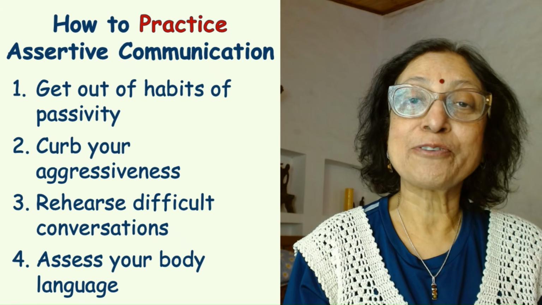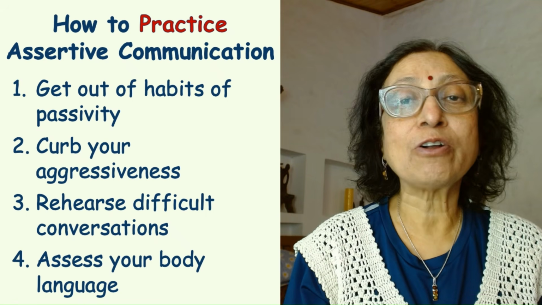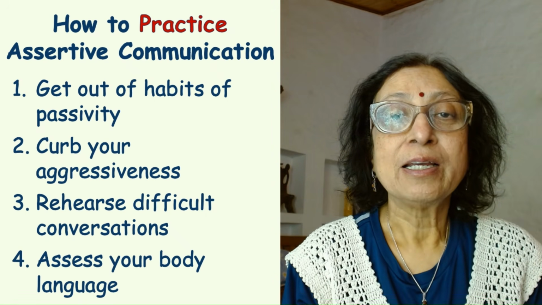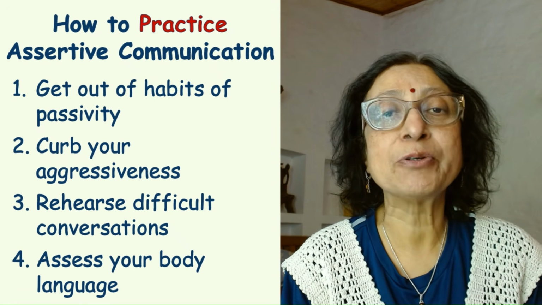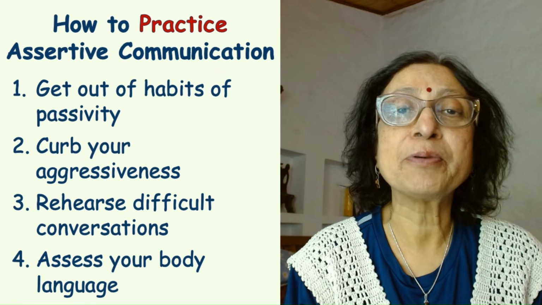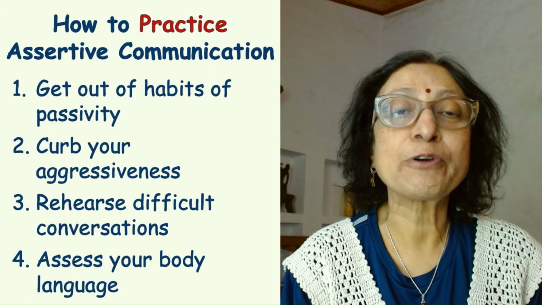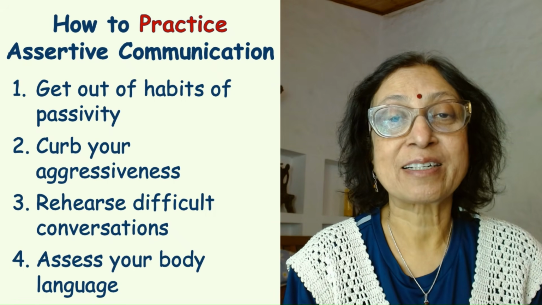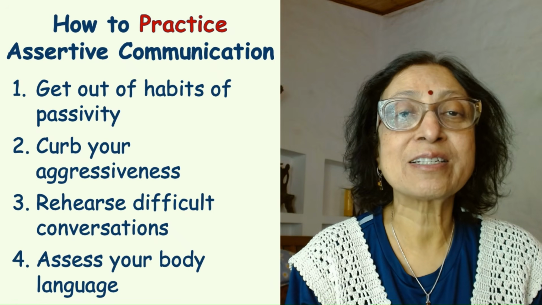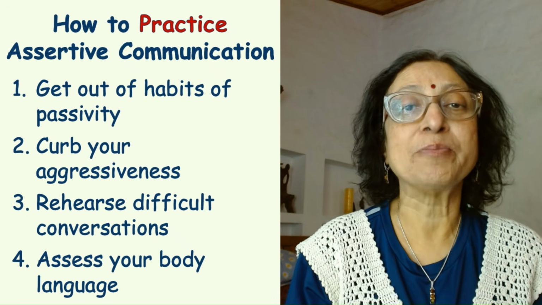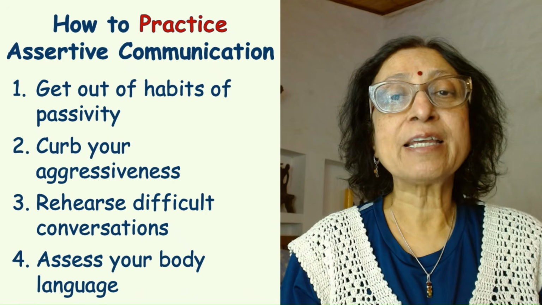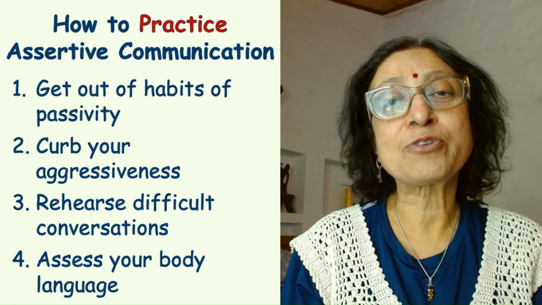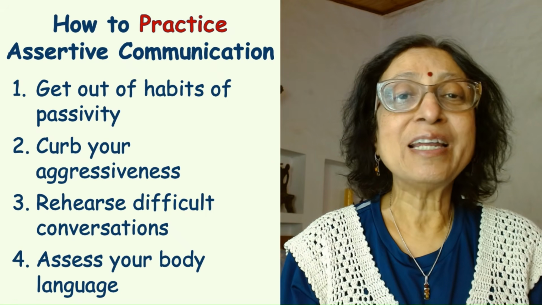The second point is, of course, that you should not be aggressive. Curb is to control. If you are very aggressive in your communication, if you keep ordering people around, or if your tone of voice is impolite, then you must check that. You must not allow these things to come into the way of your communication. Because if you keep saying, open the door, close the door, sit on this chair, stand in the corner, then nobody likes you.